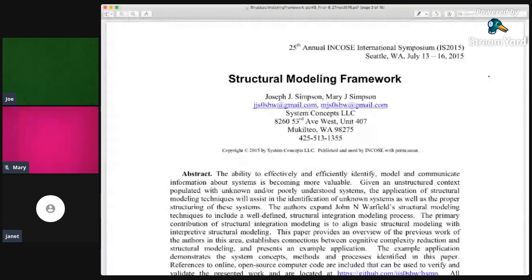The cactus graphs that he has are great because they show the structure of the steps, the preceding context, and the outcomes. That's a very powerful graphic technique. I'll make a note to ask him if he would do that.